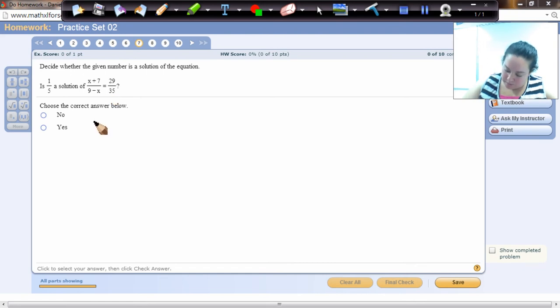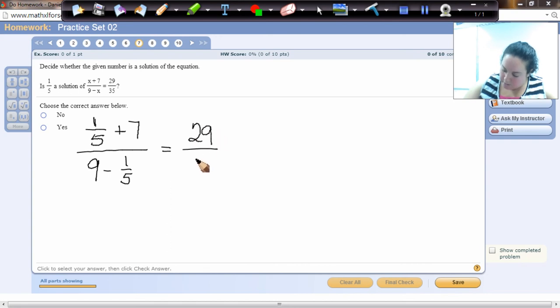So we'll put in 1/5 plus 7 over 9 minus 1/5 equals 29 over 35. Okay, we're not sure if it's equal. We want to know, is it equal? That's the question.